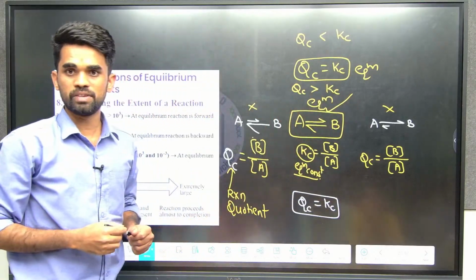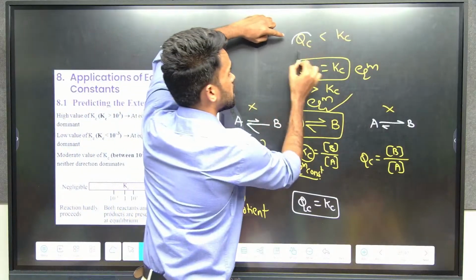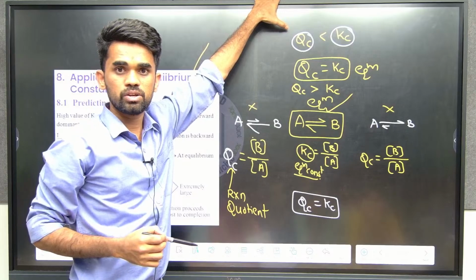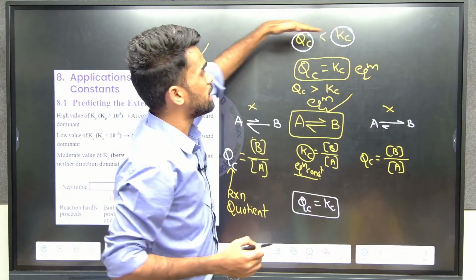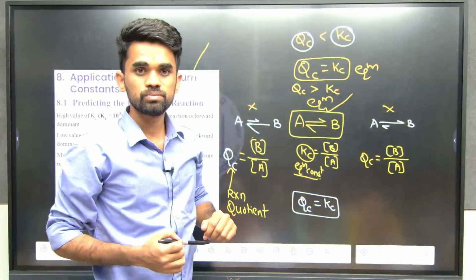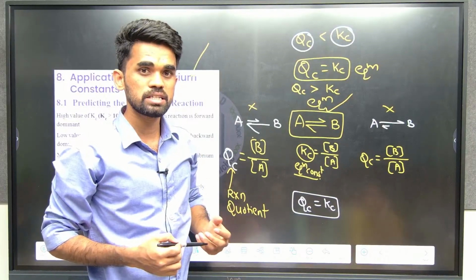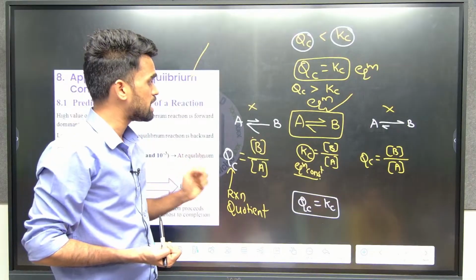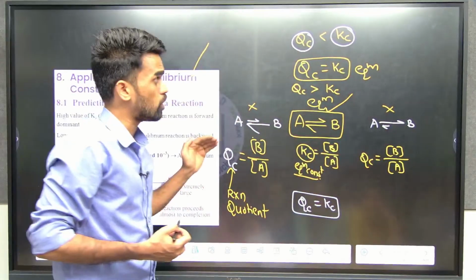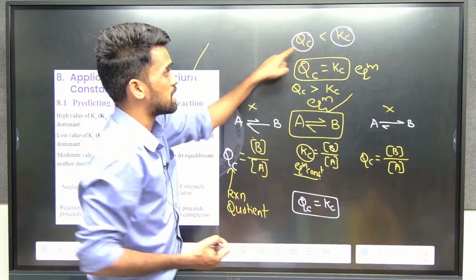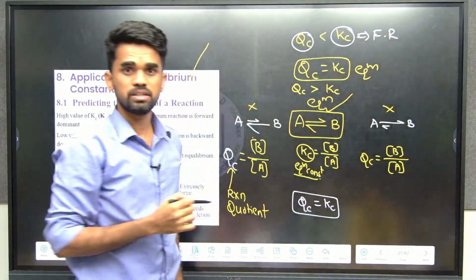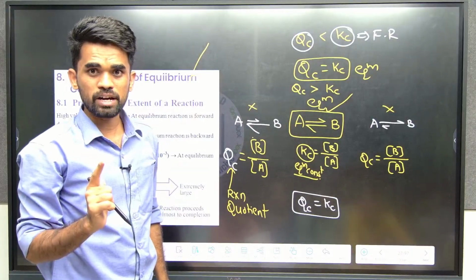These are the possible ways. When Qc is less than Kc, in order to make them equal, what should I increase? Qc value. To increase Qc value, which side should the reaction go? Product side. So whenever Qc is less, this favors the forward reaction. Do you get what I am saying?